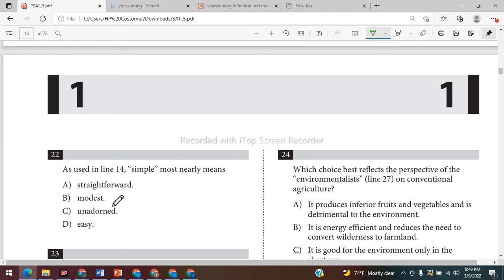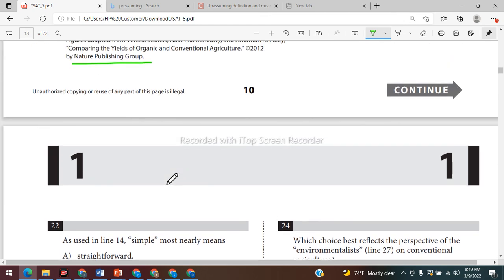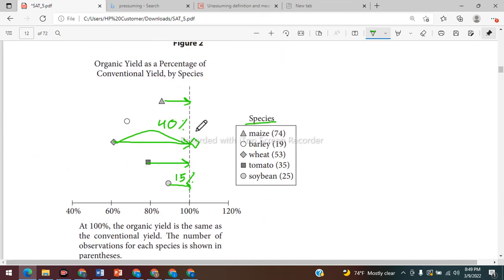D. I heard someone say C. He said simple, so look at it.